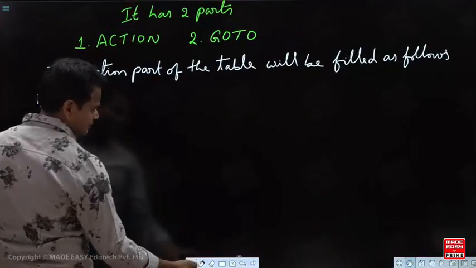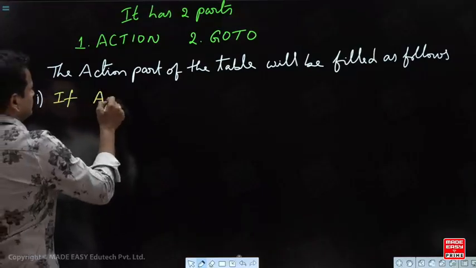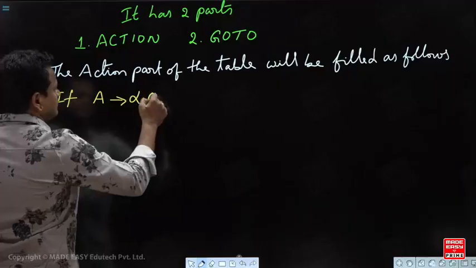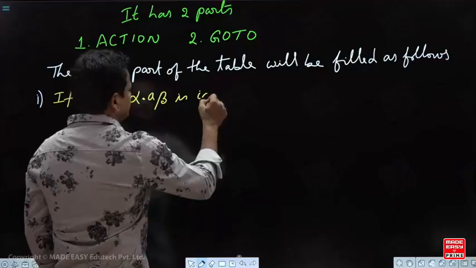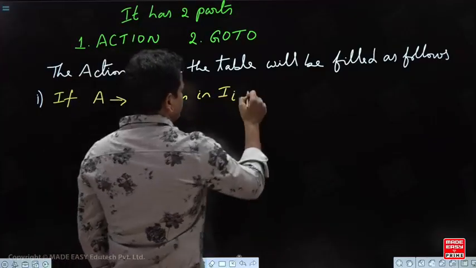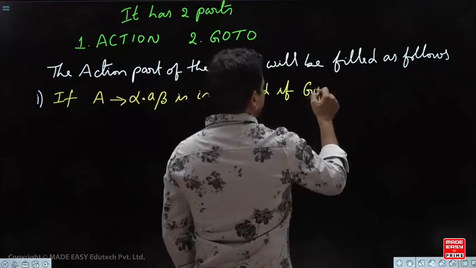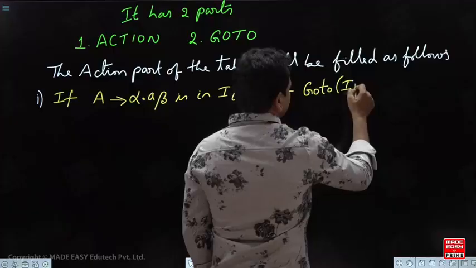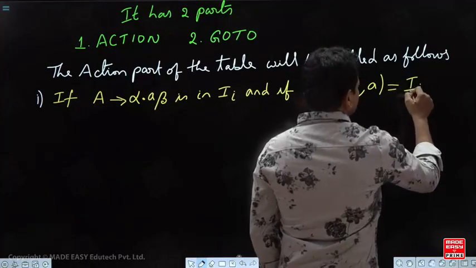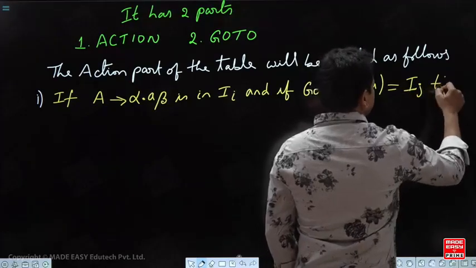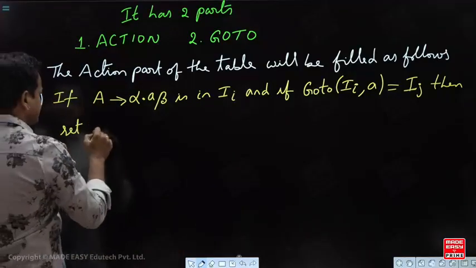Copy, everyone of you. If A derives alpha dot a beta is in Ii, and if go to of Ii comma a equals Ij, then set in the action part.